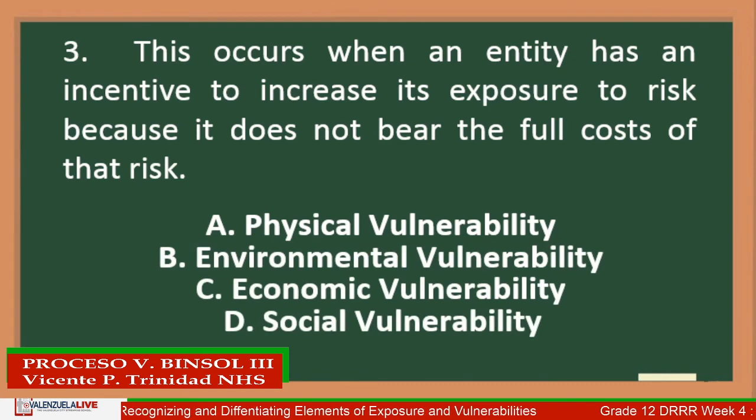Number 3. This occurs when an entity has an incentive to increase its exposure to risk because it does not bear the full cost of that risk. Here are the choices. A. Physical vulnerability. B. Environmental vulnerability.